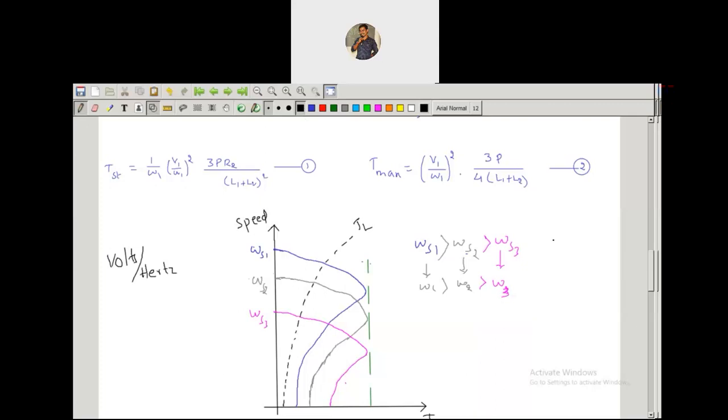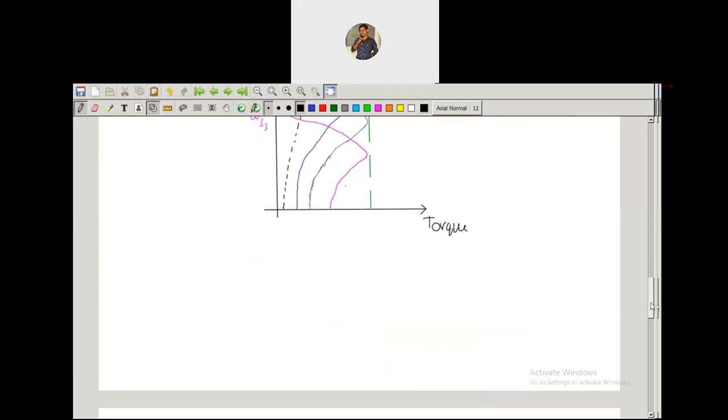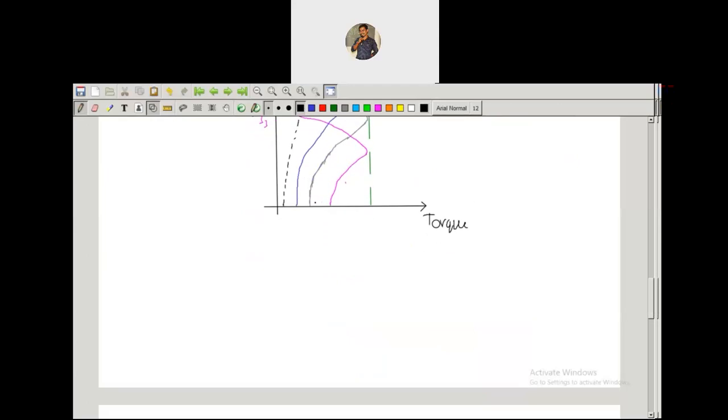That is the voltage over frequency control. Similarly, you can find out the slip at maximum torque, which we already saw when we neglect the stator resistance.